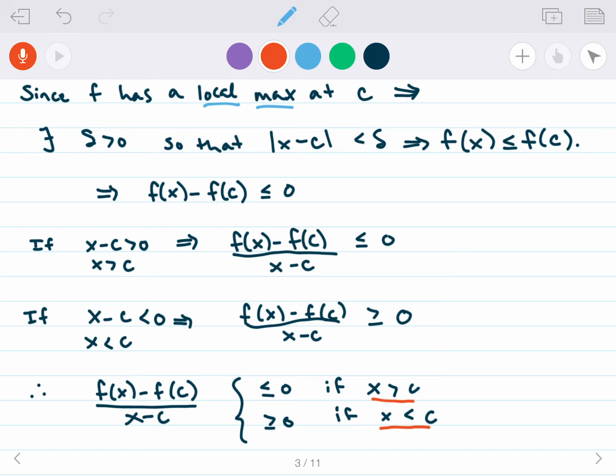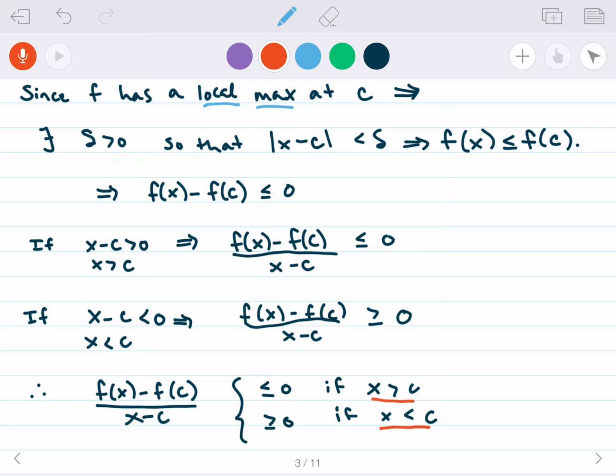So we can produce sequences on the left side and the right side of c converging to c and show that the sequential definition of a limit holds here, and that f prime of c is going to give us 0. So that's the idea of where we're headed with this.